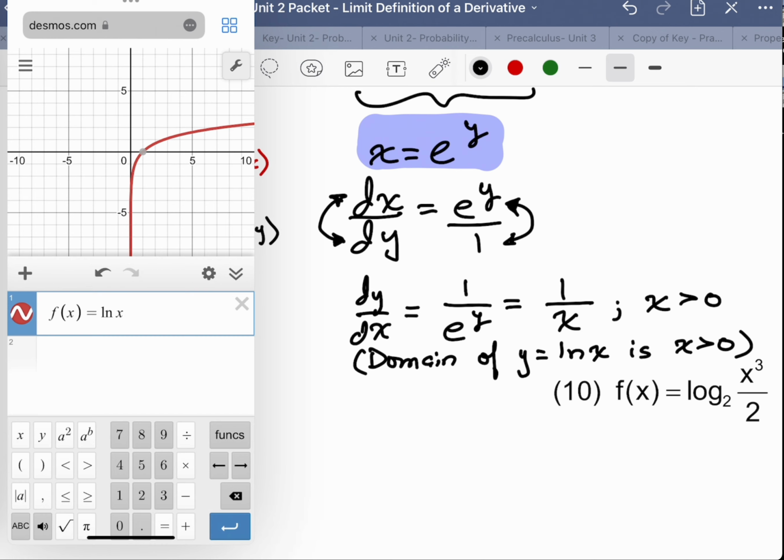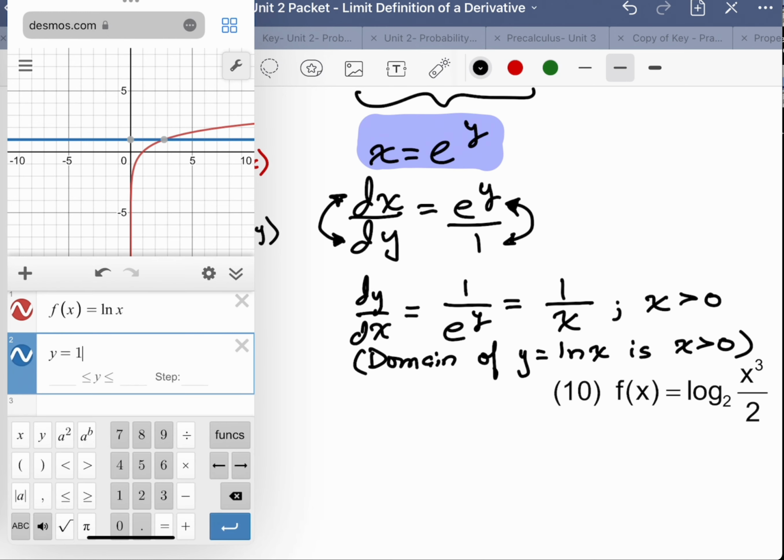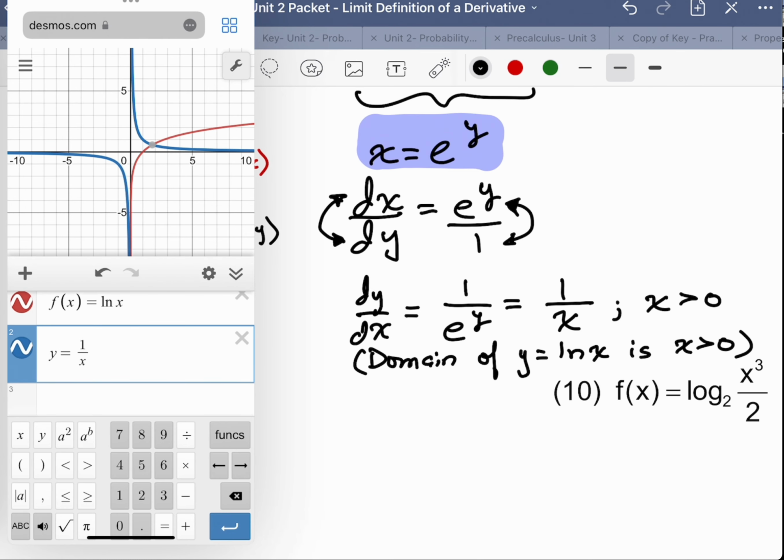All right, you see the natural log function only exists to the right of the y-axis. But then if I put in my derivative function, just y equals 1 over x, I get a whole lot more graph than I bargained for.